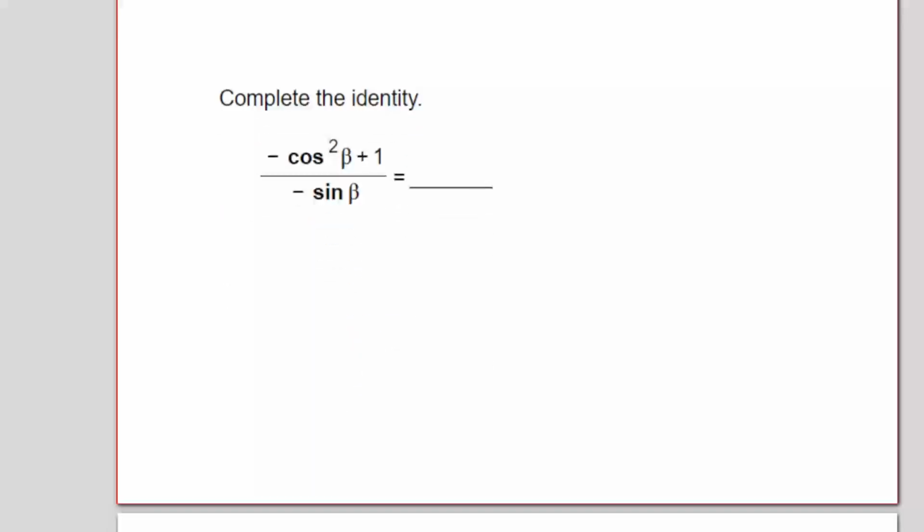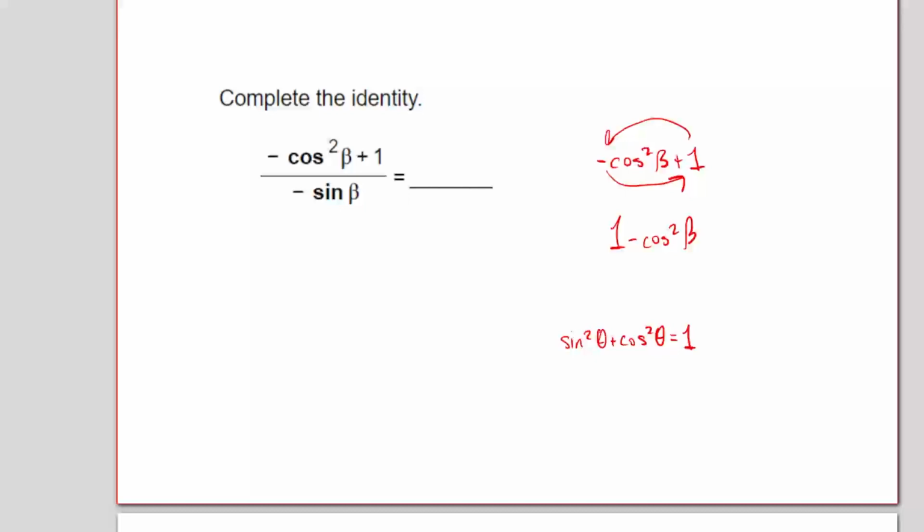Our next question asks us to complete the identity. This one looks a bit tricky because we have this cosine squared and then this letter here that looks like a b. It's beta. I'll call it b for simplicity. But this is actually pretty simple. We can swap the 1 right here and put the negative cosine squared of beta after it, and we'll get 1 minus cosine squared of beta. This looks familiar because if you remember, sine squared theta plus cosine squared theta is equal to 1.